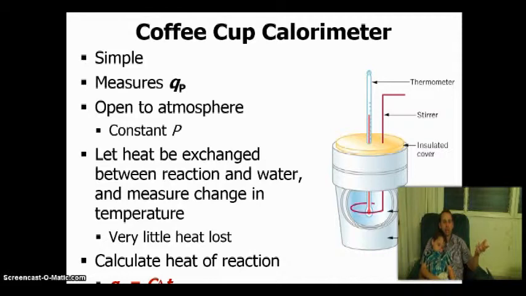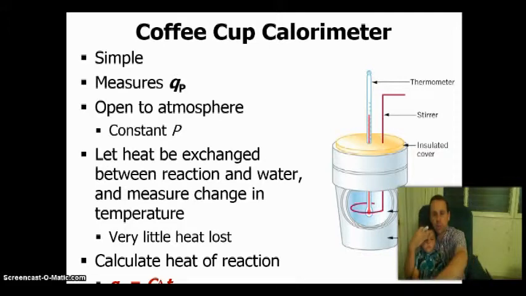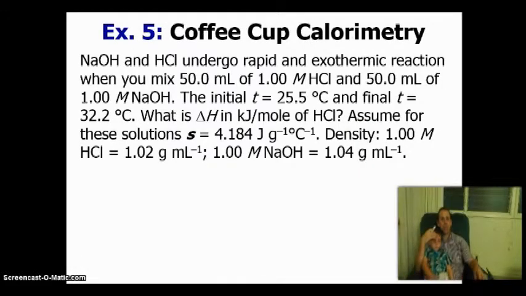So again, the Q, our heat, can be determined by looking at the change in temperature and multiplying it by the calorimeter constant, what's called the heat capacity of the coffee cup. So here's an example.